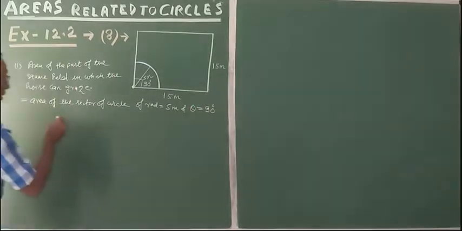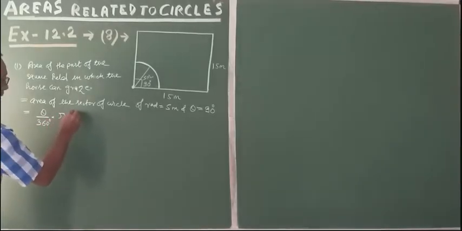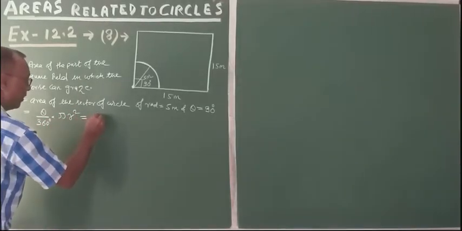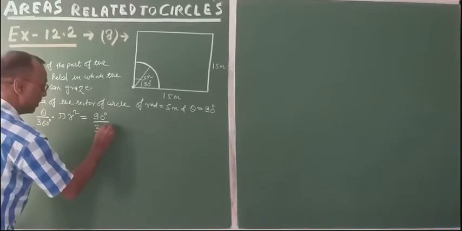So just put the values. That will be theta upon 360 into pi r square. Theta is 90 degree upon 360 degree.